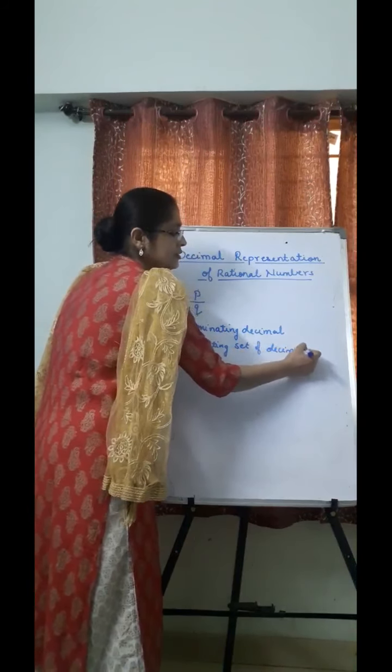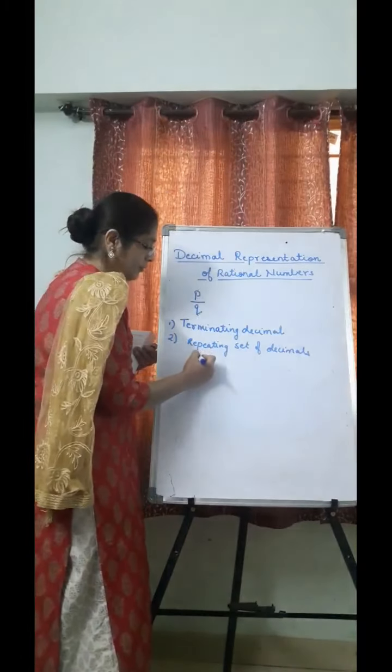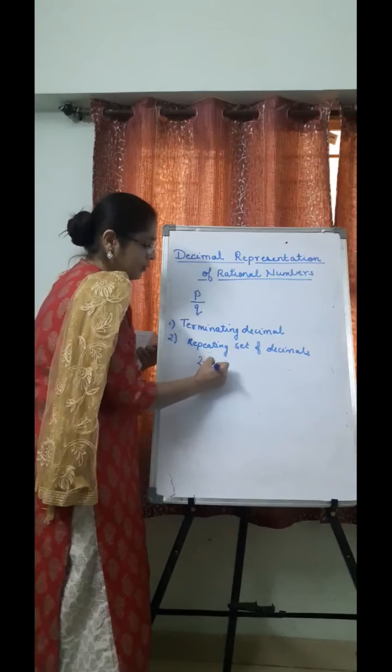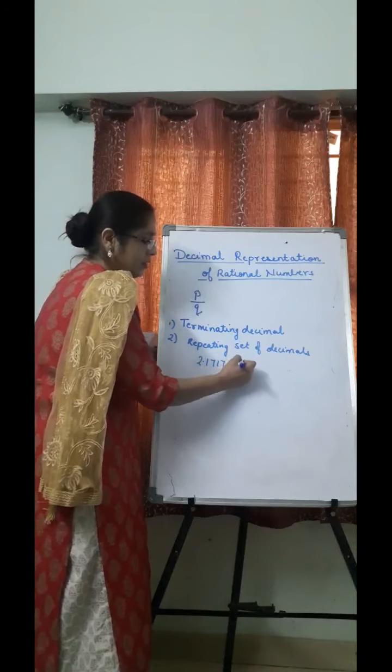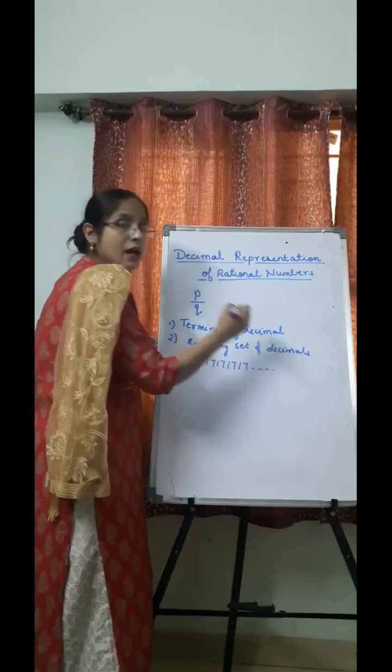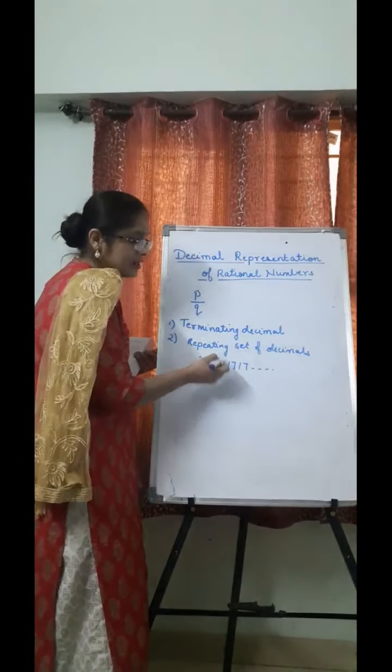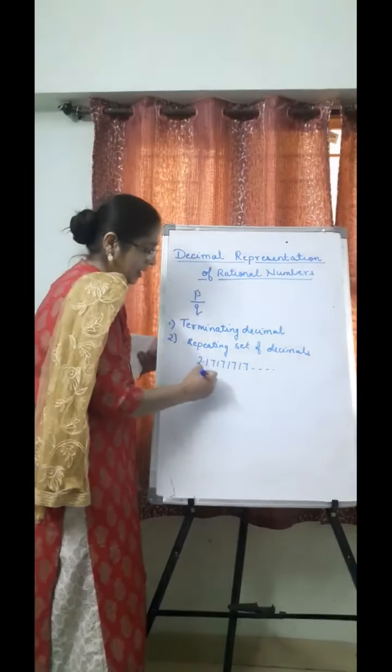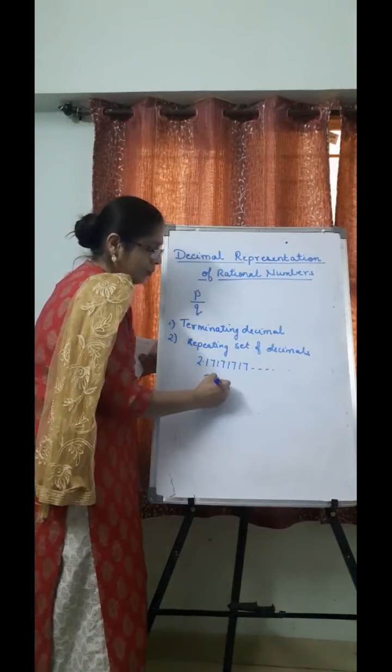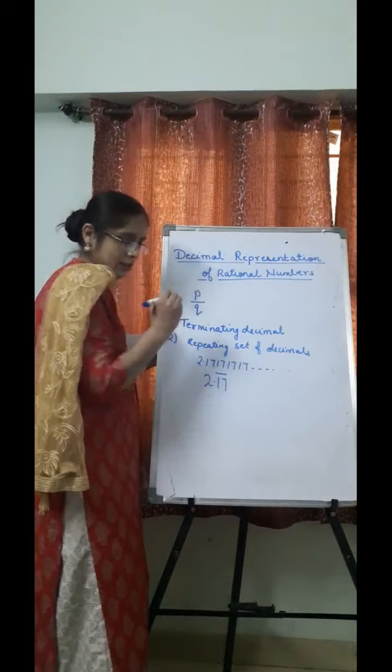Repeating set of decimals means, suppose our decimal number is 2.17171717 and so on. Here 17 is being repeated. That means we can write it as 2.17 with a bar.